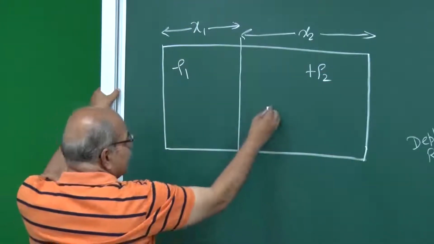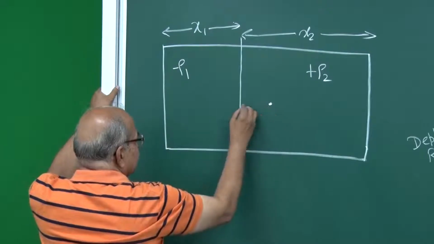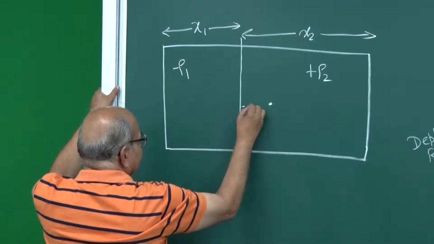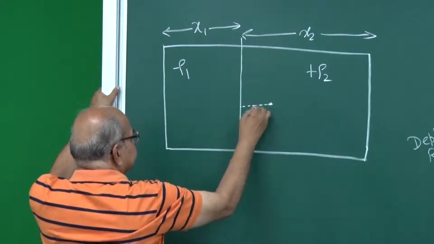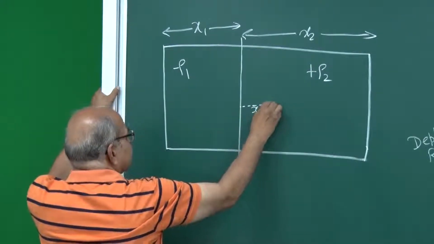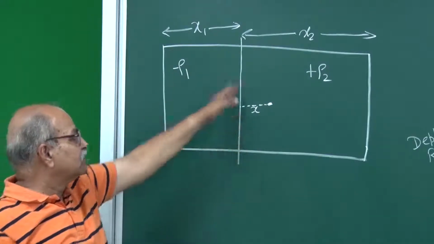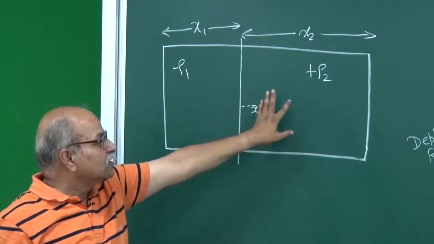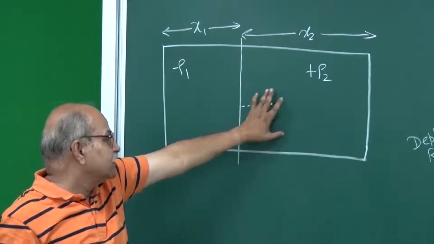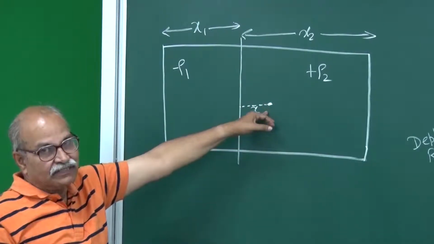And suppose I need the electric field at this point at some distance y, which later I will call x, the electric field at x. This is x equal to 0, remember junction is x equal to 0. So at distance x, on that n type side, I am putting a point here. What is the electric field at this point?